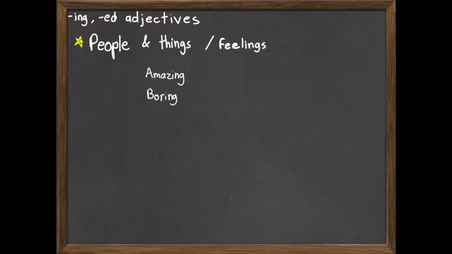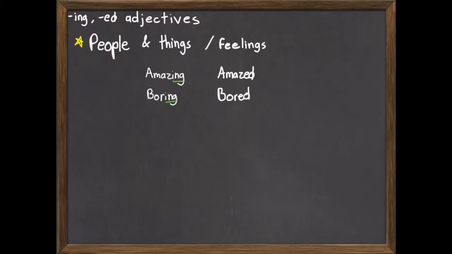But you could also use adjectives to express your feelings towards these things. Those adjectives would be different, and they would end in -ed. As you noticed, when adjectives describe things or people, they end in -ing, amazing or boring.